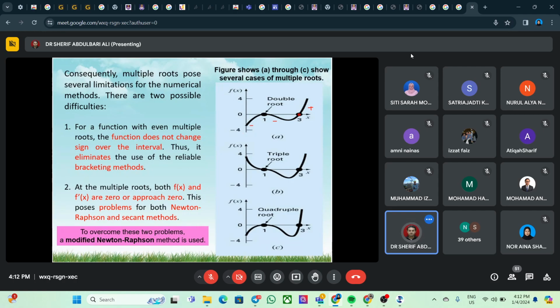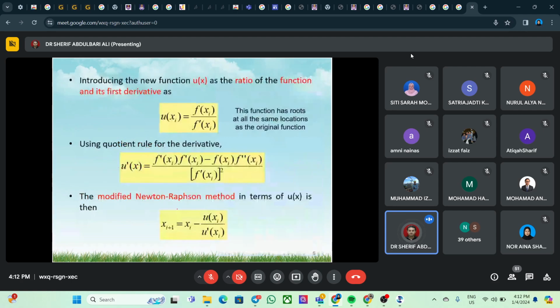In the case of multiple roots, the function itself and the first derivative of the function will be equal to 0 or approaching 0. If the function or its first derivative is equal to 0, this is a serious limitation of using the open methods, Newton-Raphson and also the secant method.